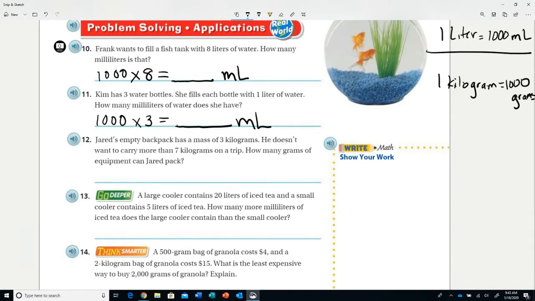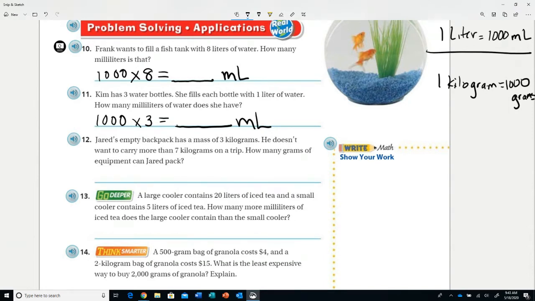Question 12. Jared's empty backpack has a mass of 3 kilograms. He doesn't want to carry more than 7 kilograms on a trip. How many grams of equipment can Jared pack? So now we're switching to things that you would weigh on the scale in terms of kilograms. His empty backpack is 3 kilograms and he doesn't want to carry more than 7 kilograms.